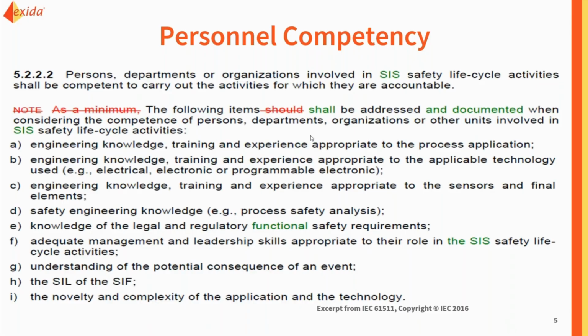So this is all included now in the 2016, and in particular this one and this one. So we have to have competency records, we have to have competency tracking, and we have to make sure that we're documenting it.